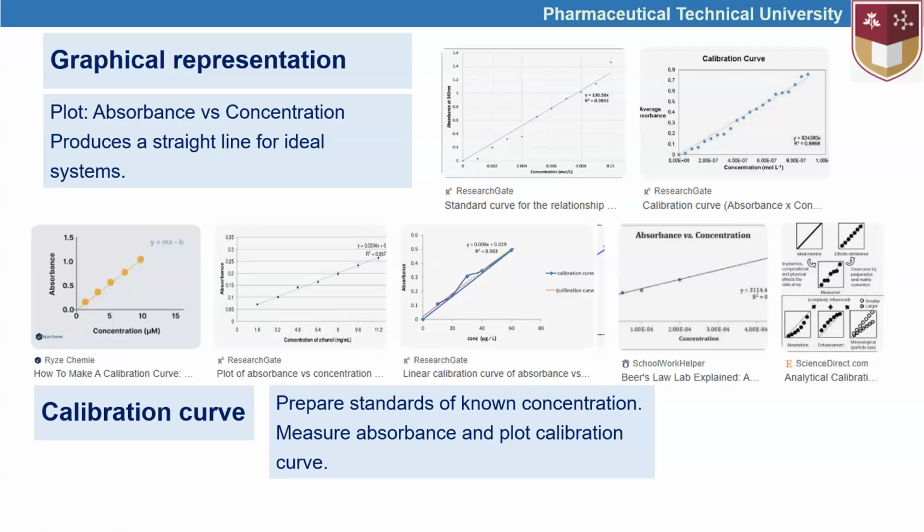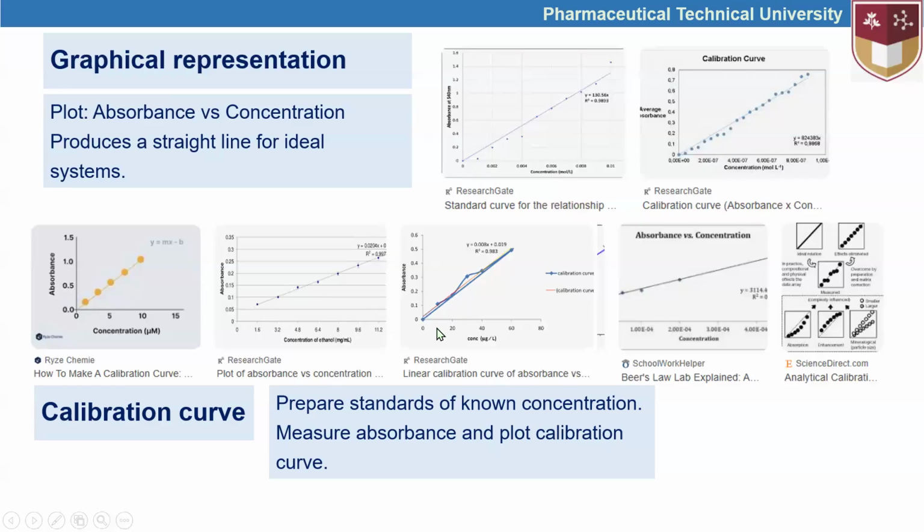Another point that we need to pay attention to is that the absorbance should not be smaller than 0.1. Here we can see that in different cases it was taken even at 0.1, but for calibration it's better to take the range from 0.1 to 0.9.